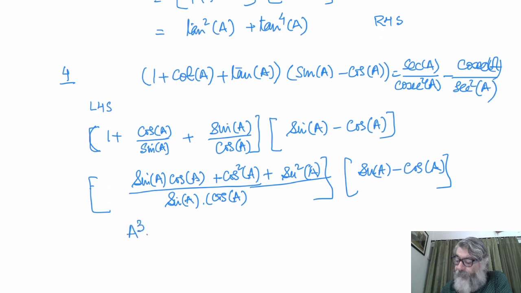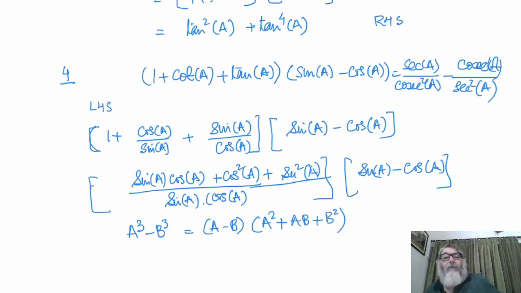a cube minus b cube is always equal to a minus b into a square plus ab plus b square. These are the basic factorizations which you have learned. In place of a, I have sin a.